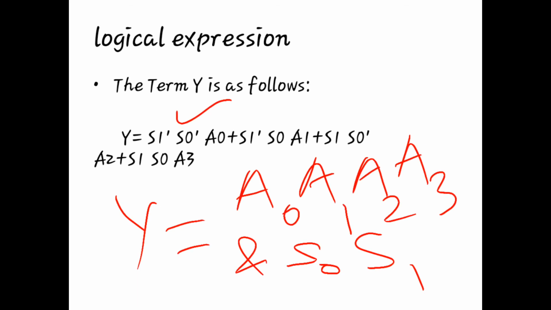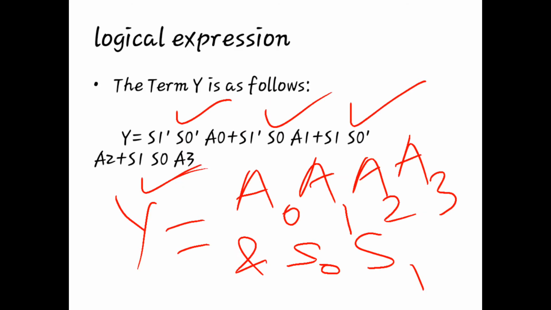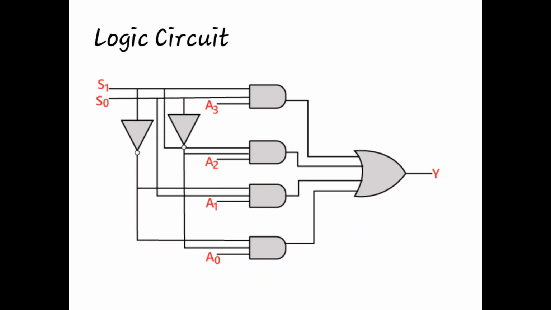So this is the first term, OR with term 2, OR with term 3 and OR with term 4. So this logical expression or the Boolean expression is implemented in the form of logic circuits, or one can simply utilize that Boolean expression in the form of a logic circuit.